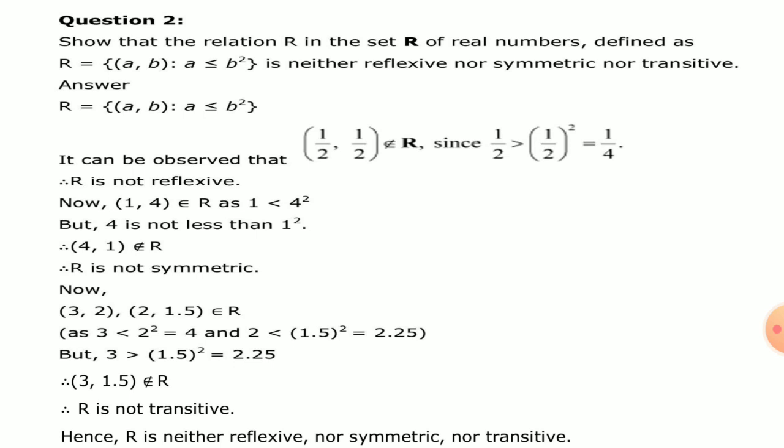It's possible. But (3, 1.5) does not belong to R, because 3 is greater than 1.5 squared, which means 3 is greater than 2.25. So therefore (3, 1.5) does not belong to R. Therefore R is not a transitive relation. So hence R is neither reflexive, nor symmetric, nor transitive relation.